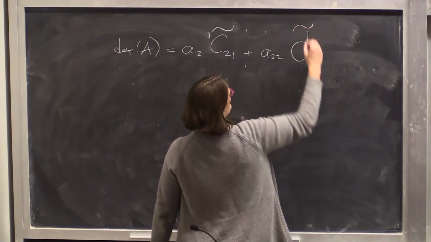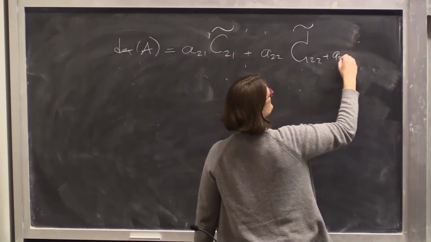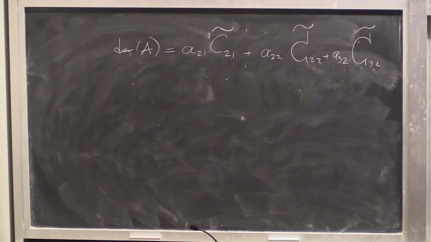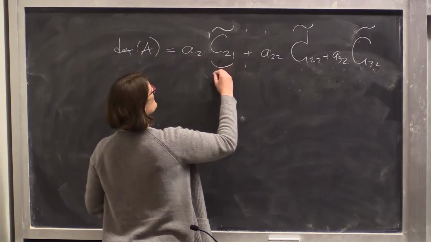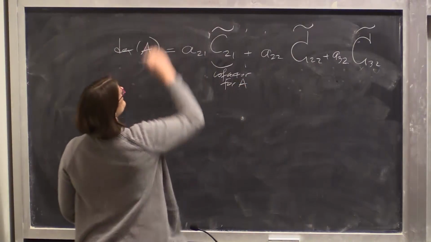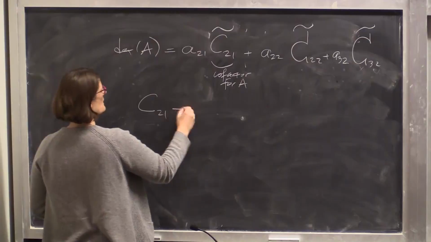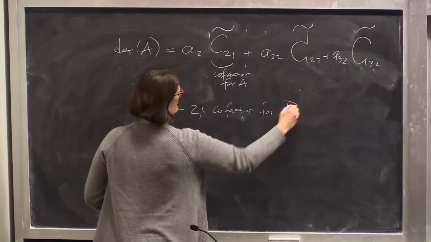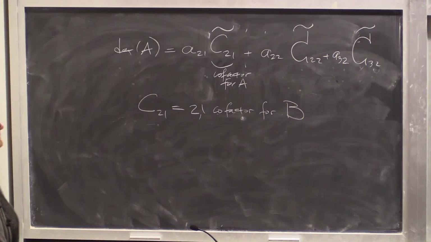A22, the 2,2 cofactor for A. A32, the 3,2 cofactor for the matrix A. So I want you to look, this is the 2-1 cofactor for A. And up there I have the 2-1 cofactor for B. What can you tell me about the 2-1 cofactor for A versus the 2-1 cofactor for B? They're the same.